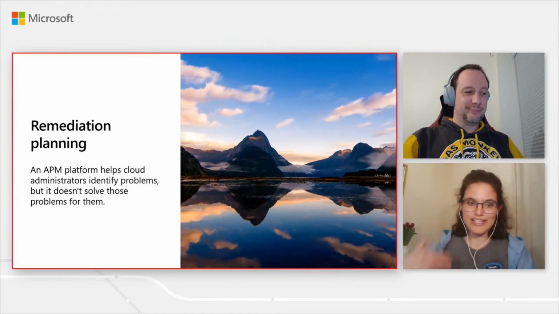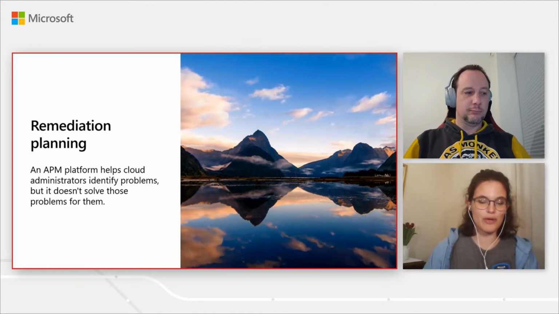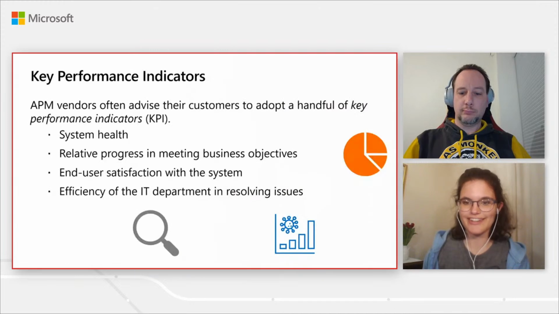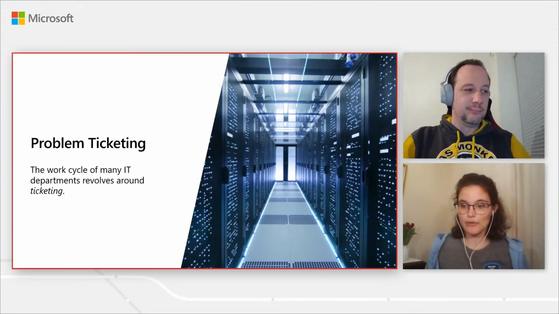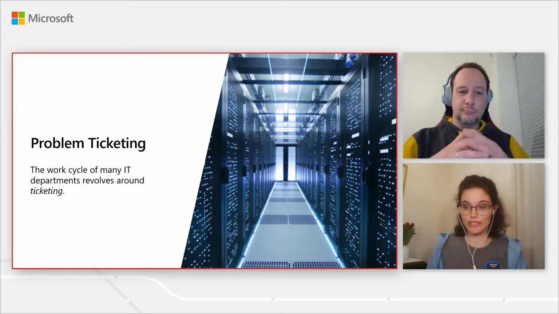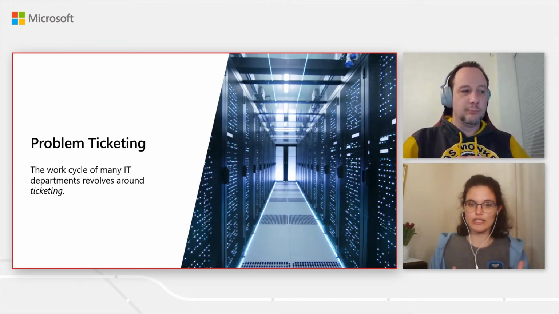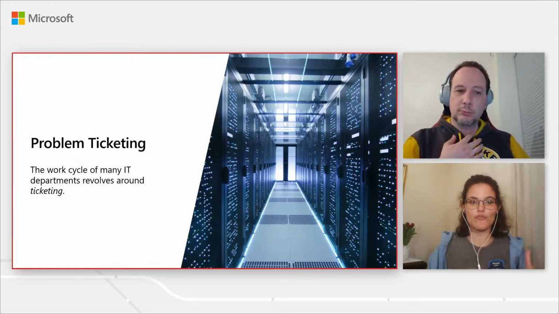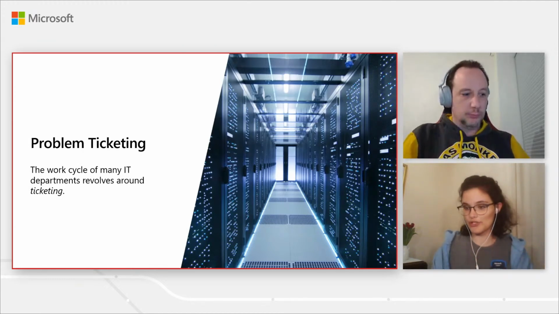And if we go a step further and talk about problem ticketing. The work cycle of many IT departments revolves around ticketing. This is a system that automates the distribution of requests made of the IT department, so that one administrator may oversee responses to all requests in accordance with priority, necessity, and available resources.